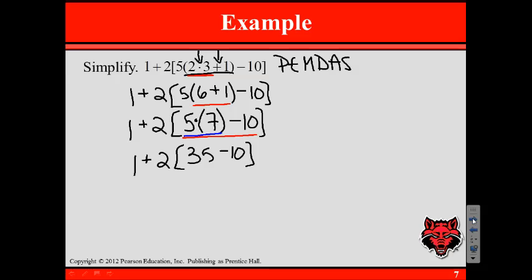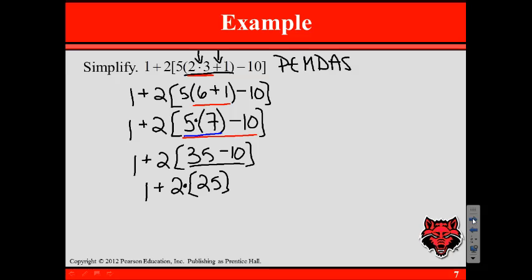Still working inside the square brackets, we have an operation where you're subtracting: 35 minus 10 is 25. We can go ahead and leave the square brackets, although we've taken care of every operation inside. Now, many of you will be tempted to add the 1 and 2 next. But let's not forget that the 2 beside the square brackets indicates we are multiplying 2 and 25.